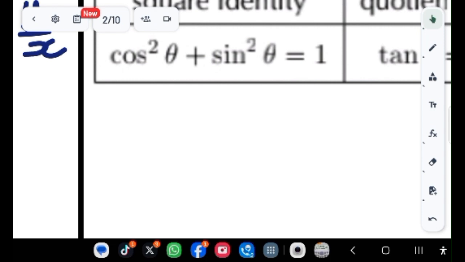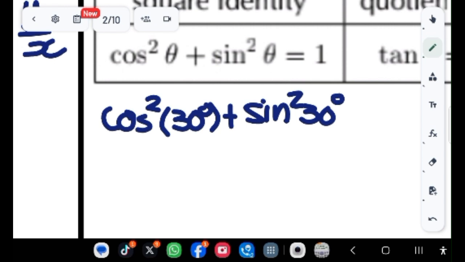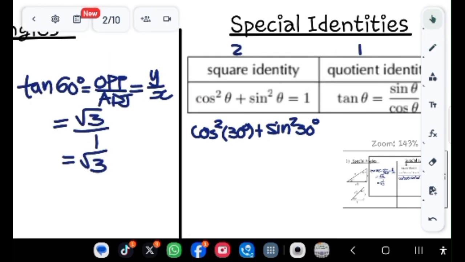Don't believe me? No problem. Let's take a look at that. Cos squared of, let's say, 30 degrees plus sine squared 30 degrees. Okay, let's calculate this using the triangle.